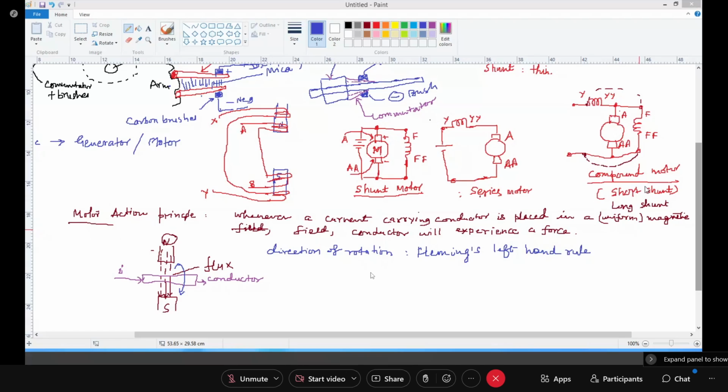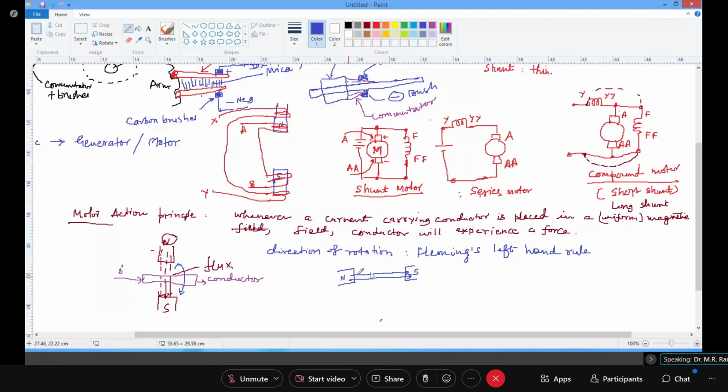Now just see, these are my poles. The flux will move in a straight line like this. This is the case when there is only the field due to the poles, or the main field, you can say. Clear?